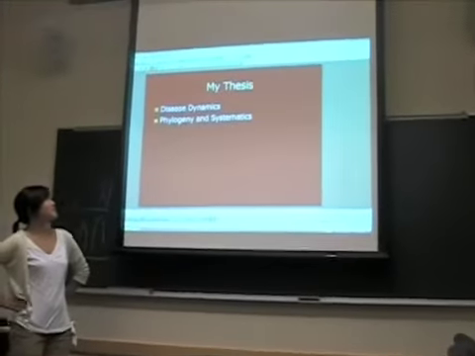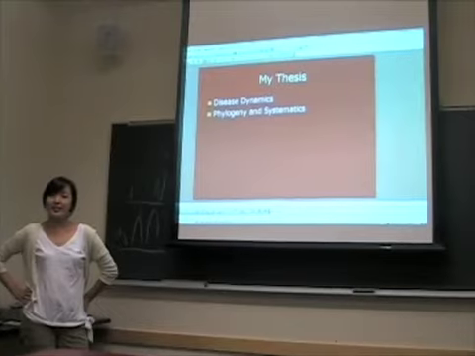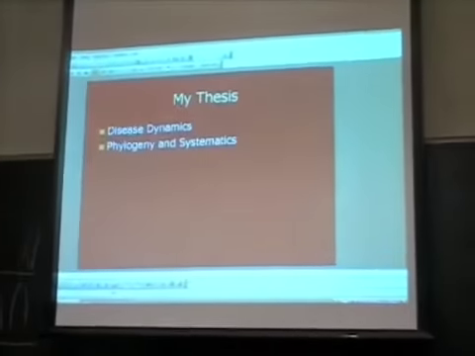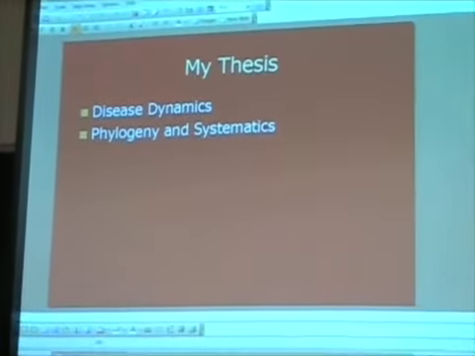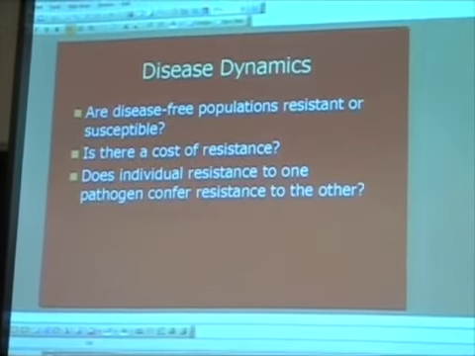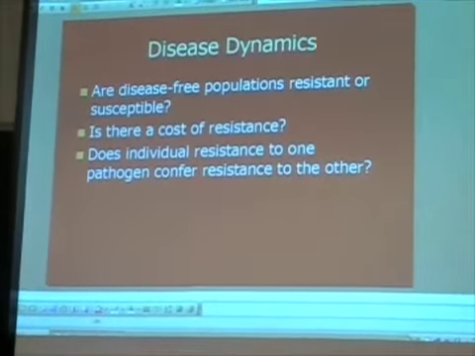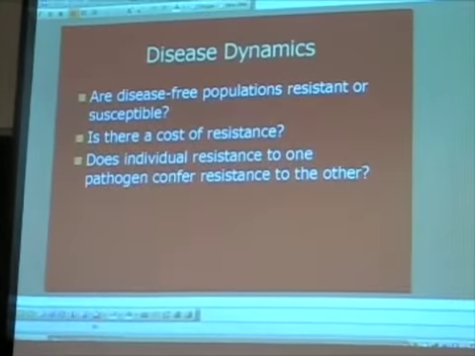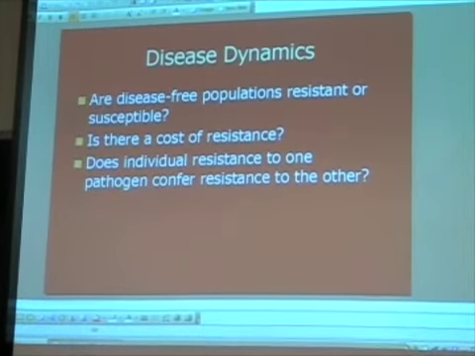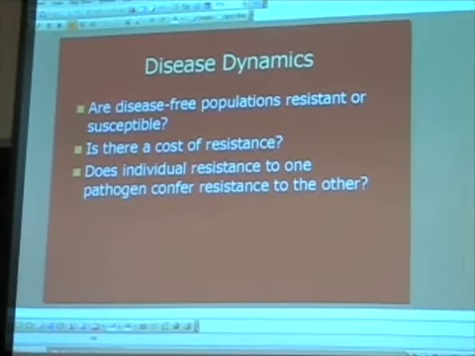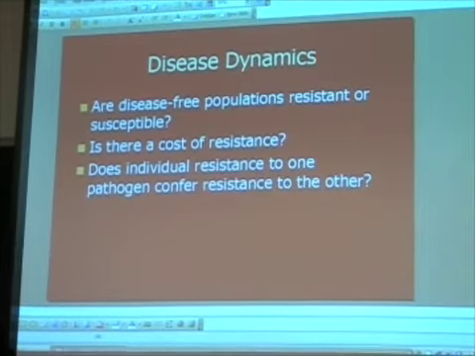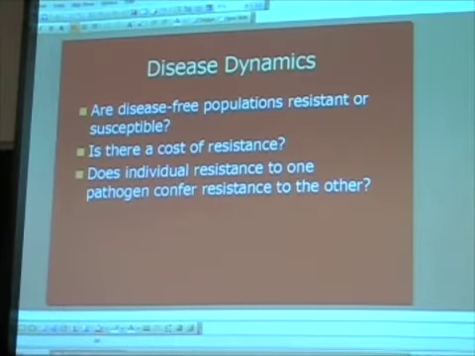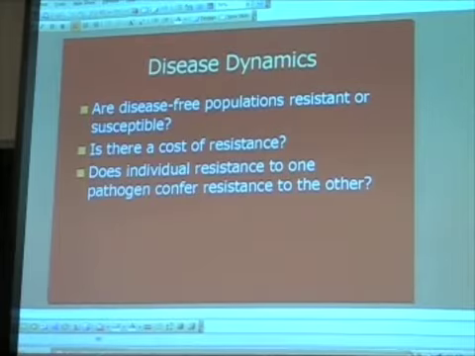Alright, continuing. I'm working on Silene, and you can basically break up my thesis into 2 components, disease dynamics and phylogeny and systematics. And so I'm basically taking a 2-pronged approach to investigating why the sympatry occurs. And so under disease dynamics, we're going to go sampling populations and see if the disease-free populations are resistant or susceptible, so where they are in the disease cycle and whether they've already overcome the disease or the disease has yet to arrive in that population.